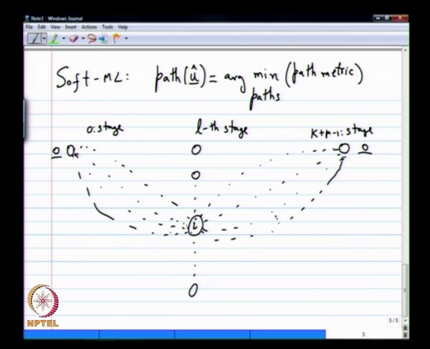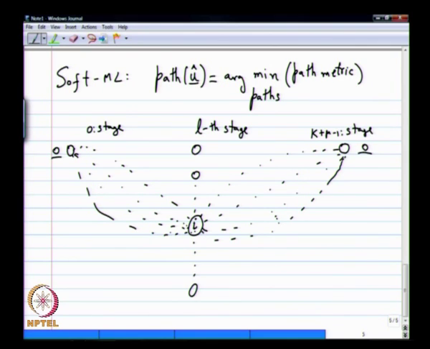I do not want to keep track of all of them, that is the issue. So if I want to find the lowest path metric path starting at state 0 and ending at state 0, my argument is that at this state I only have to keep track of that path which has the minimum metric up to state I. I do not have to keep track of all of these paths that are ending here. It is enough if I keep track of that one path which has minimum metric up to that point.